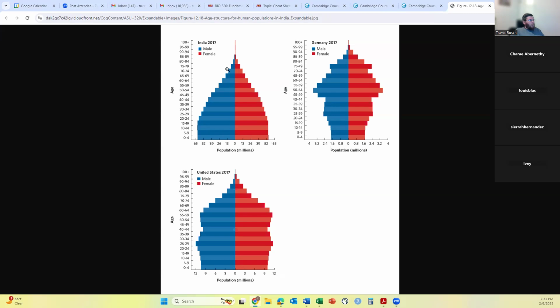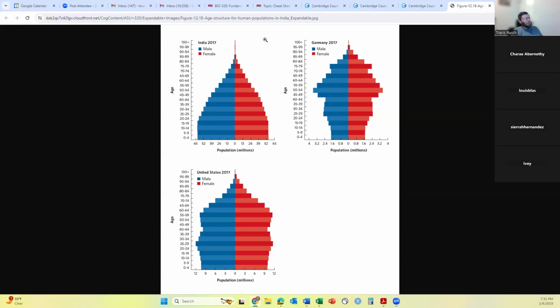So what is this pattern, where it's getting wider at the base, telling us? How are we going to describe what's happening with this population in India from 2017? As far as the population, that it's going to grow or increase. I would agree. This is evidence for a growing population. What is that evidence?